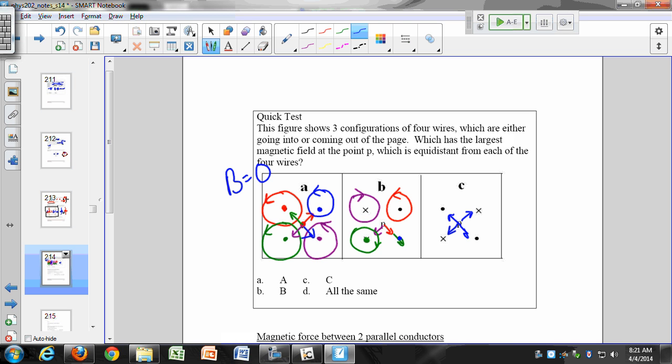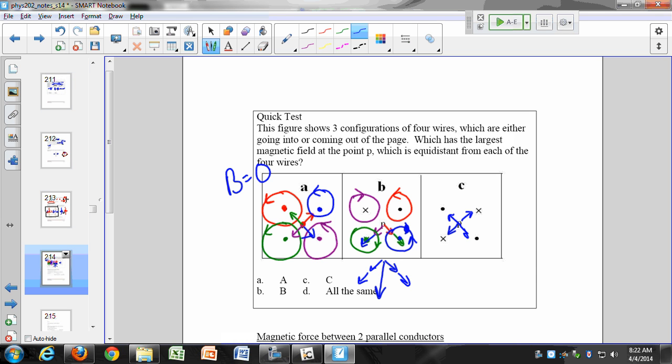And for this one, down in the far right corner, it's clockwise as well. Wait, no, that's not right. No, it's counterclockwise, I'm sorry. Counterclockwise. And so it's like that. So I get 4 vectors that look like this, and so the net vector is in that direction.